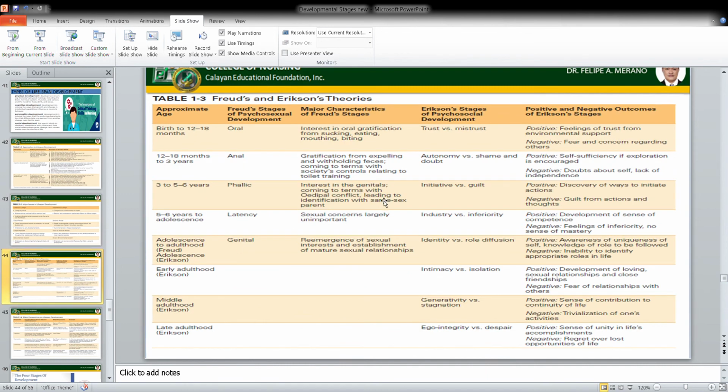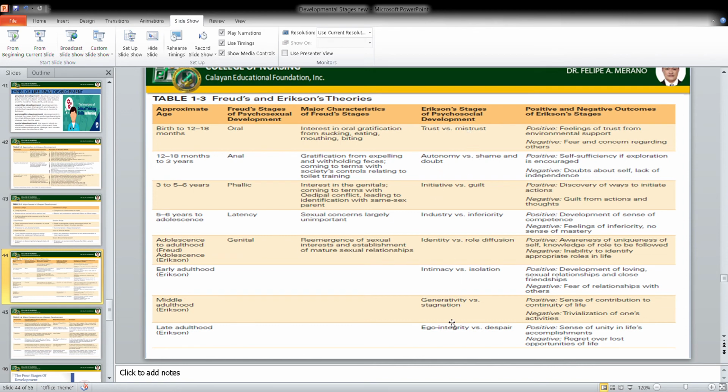The Freud and Erikson theories, you must better understand all these things. I leave it to you to determine Freud's stages of psychosexual development: the oral, anal, phallic, latency, and genital.